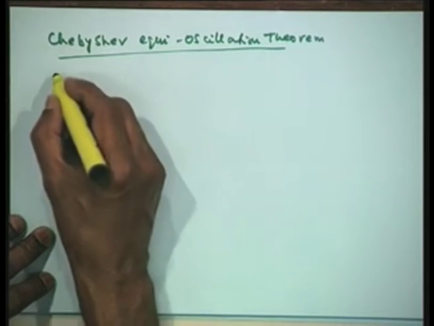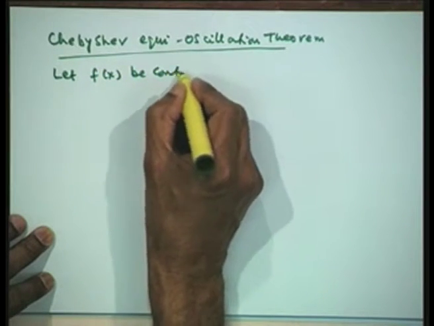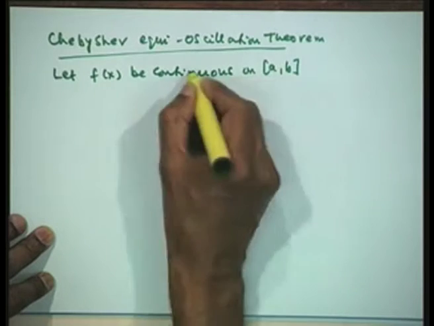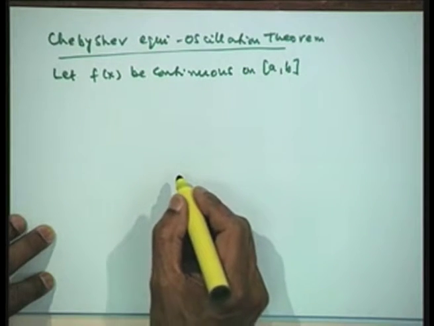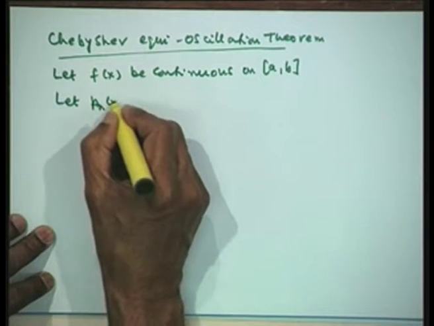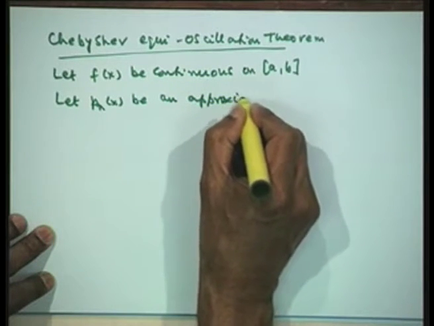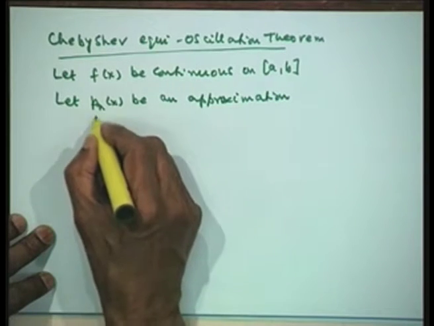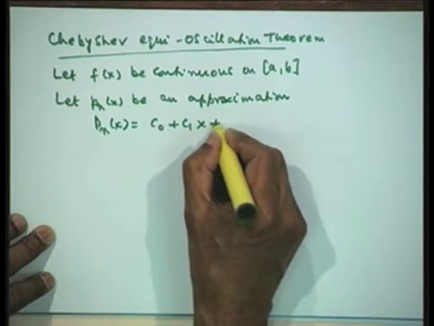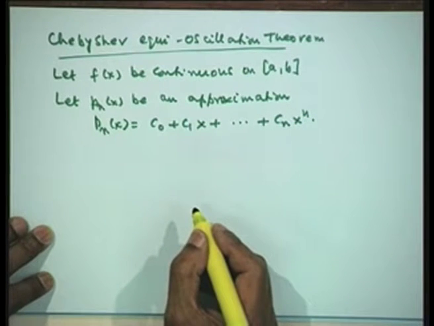Now, we are given a continuous function. So, let us start with a continuous function. Let f x be continuous on a given interval a b. Then we have an approximation. So, let p n x be an approximation. That means, we are writing p n x as a polynomial c naught plus c 1 x, and so on, up to c n x to the power of n.